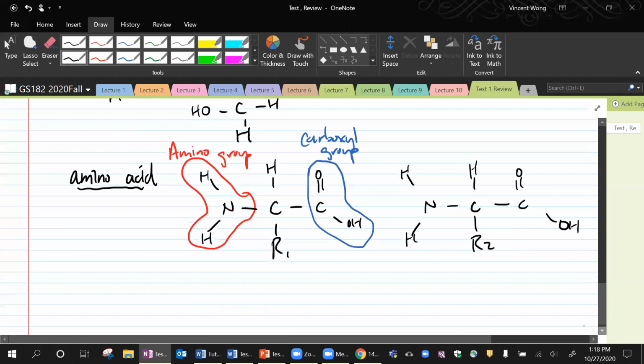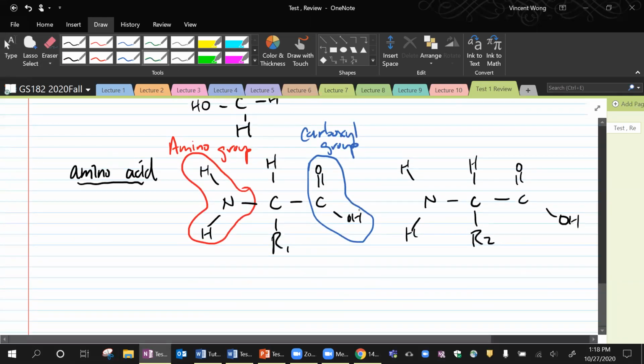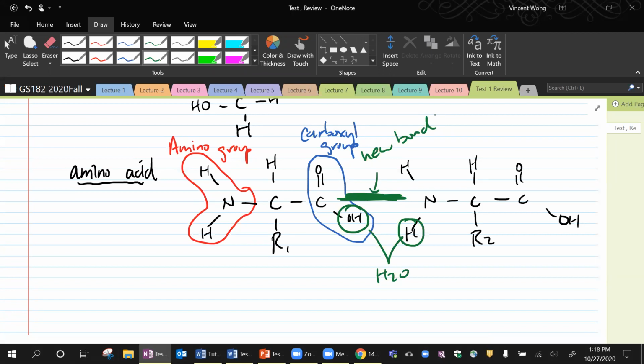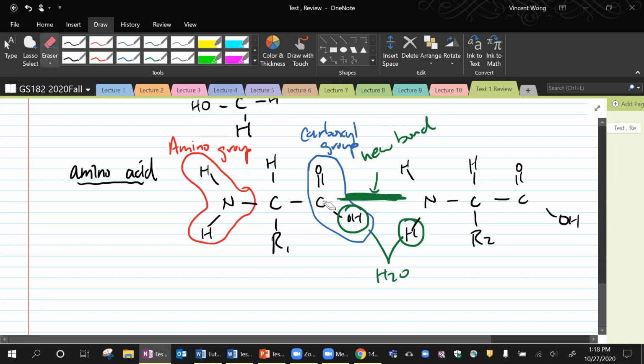You take the OH away from this one and the H away from that one, pulling out H2O, and you form a new bond that connects them. The key thing to know is that it doesn't matter what molecule I give you. If I ask you to link them together, you will always remove an OH from one and an H from the other, and then connect them. Any questions about this?